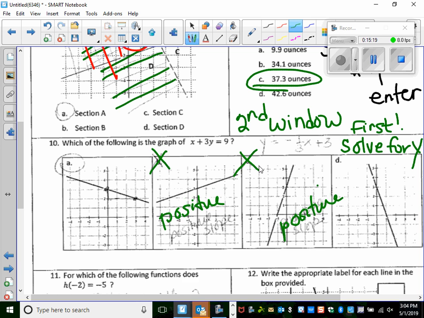Now, then I would have looked for the y-intercept. Well, that didn't help me because both of these actually cross at 3. So now it's forcing me to find the actual slope. So what I did, I actually connected 2 points that I could actually read, and I made my right triangle. Rise over run.